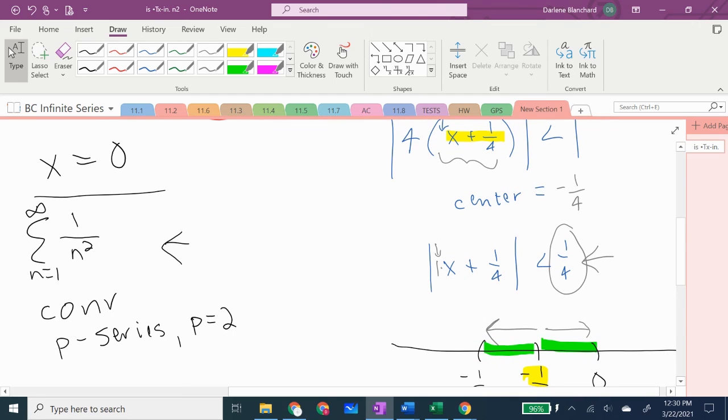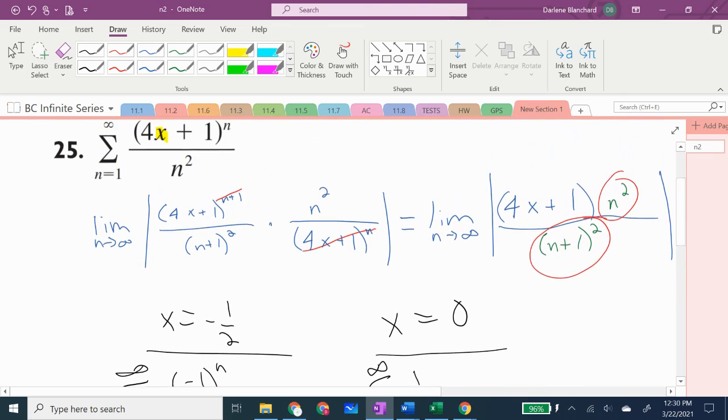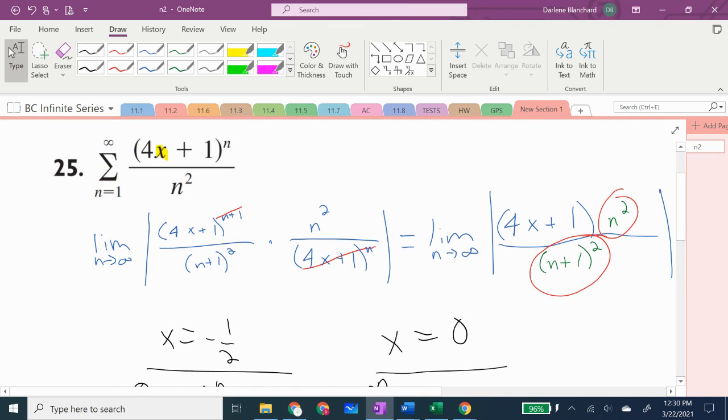With checking the endpoints of negative 1/2 and 0, you're going to go back to the original equation and substitute in. When x is negative 1/2, multiply by 4, I get negative 2, add the 1, I get negative 1.